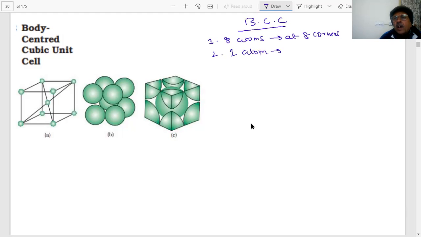That is inside the cube. So one atom is at the body, inside the cube.